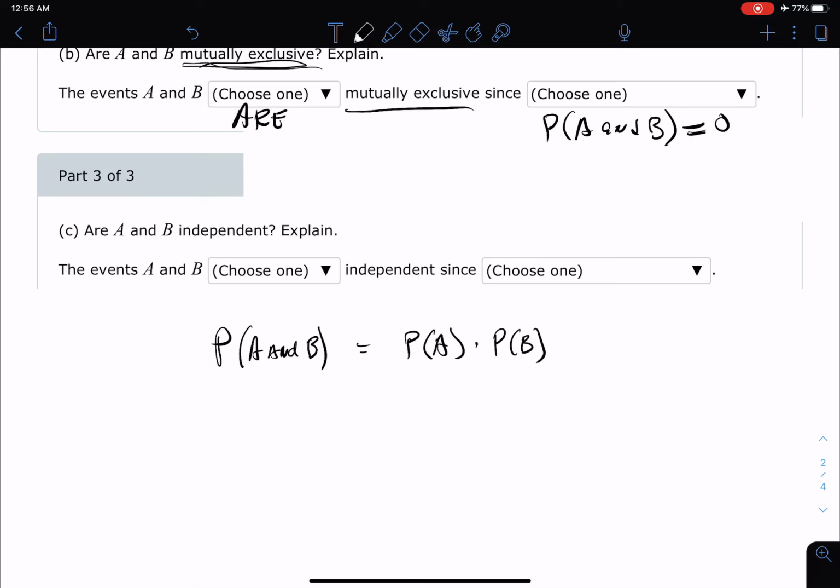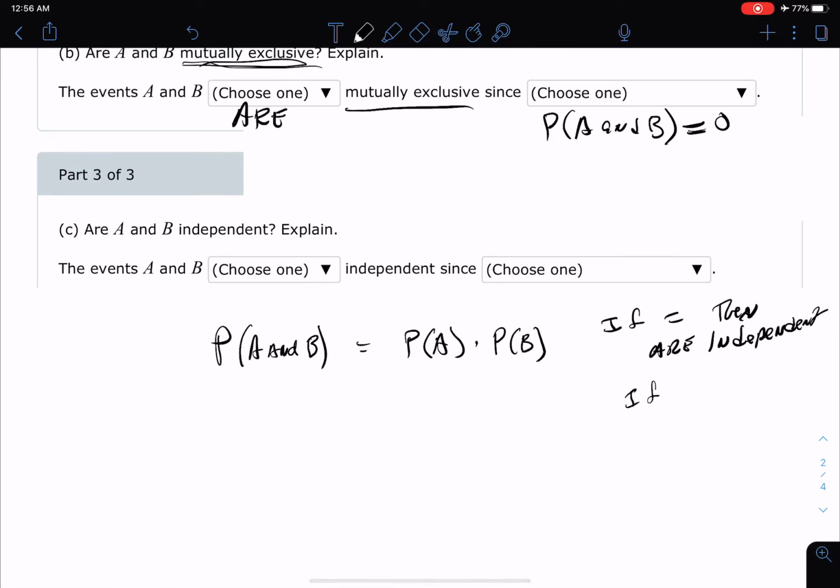So maybe I'll put that over here. If they're equal, then they are independent. If they're not equal, then they are not independent.